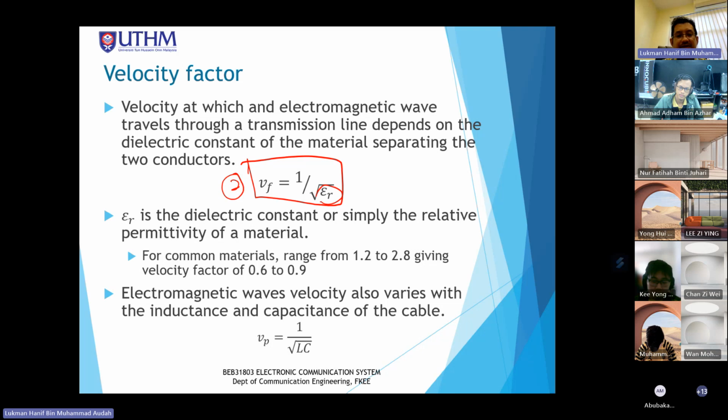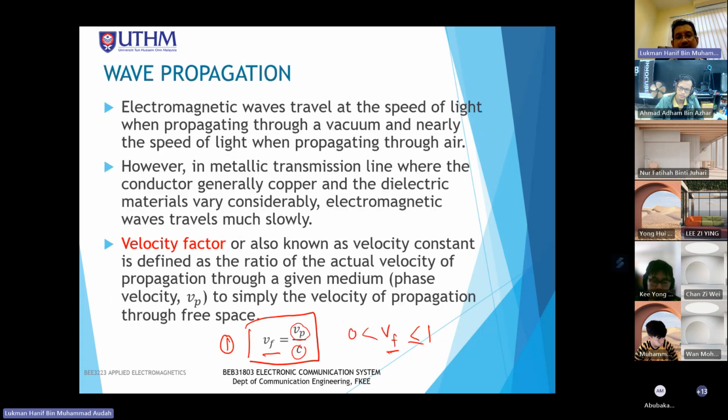And another parameter is to determine the phase velocity or the speed of the wave. Vp is the phase velocity or the speed of the wave that travels along the medium, which is equal to 1 over square root of LC. So you can also calculate Vp using these equations: Vp is equal to Vf times the speed of light.